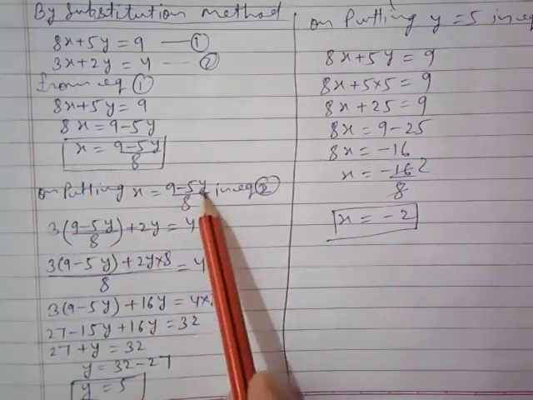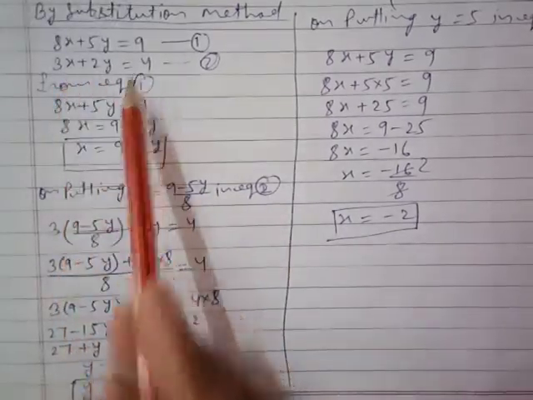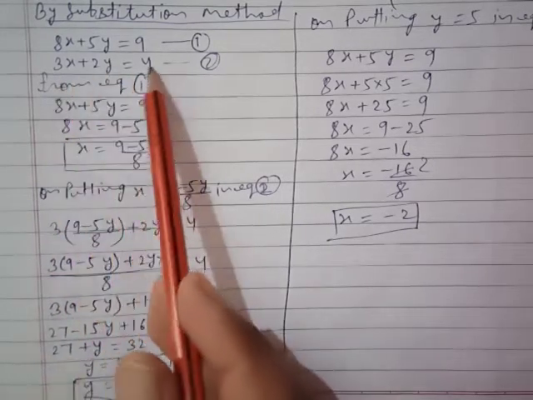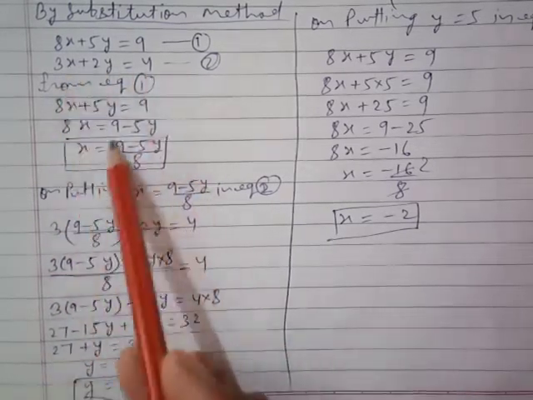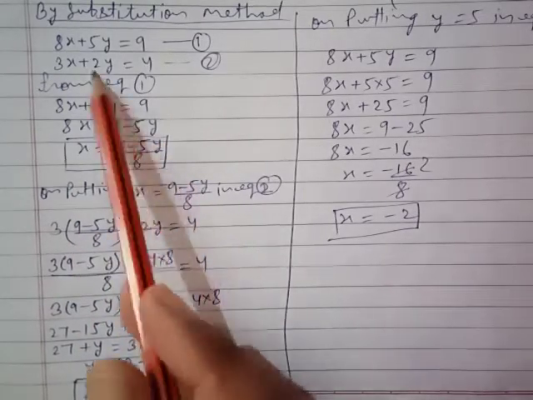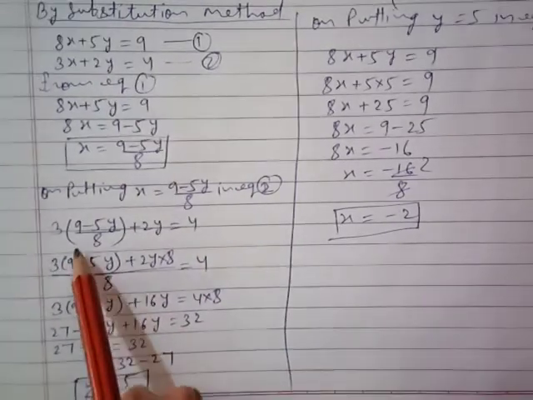Putting x equal to 9 minus 5y upon 8 in equation 2. Equation 2 is 3x plus 2y equal to 4. In place of x it will come 9 minus 5y, so 3 into 9 minus 5y upon 8 plus 2y equal to 4. Now take the LCM of this.